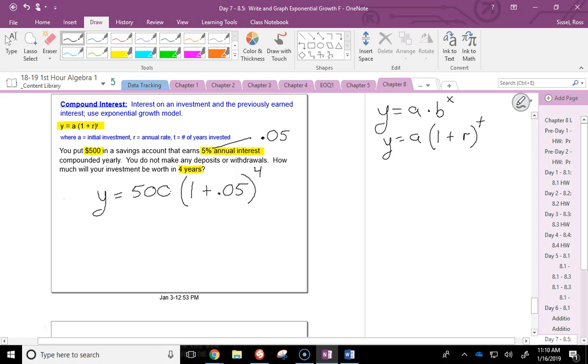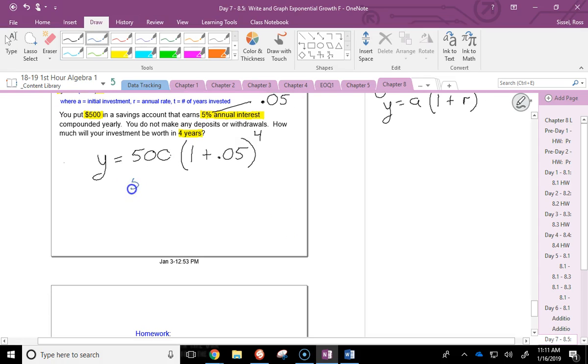But along with that 100%, I also get 5%. And we do it to the 4th power because every year that investment adds to it. So I had $500 plus 5%. All that money, that new total, the second year, is that new total times another 5%.